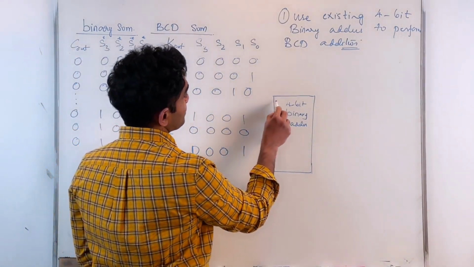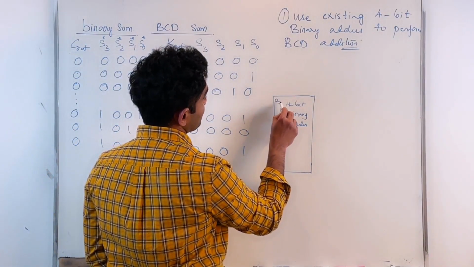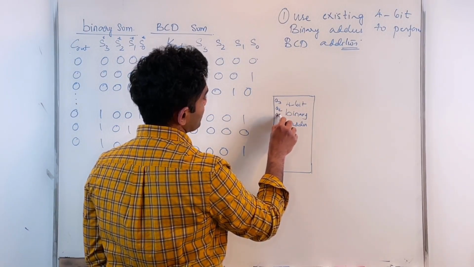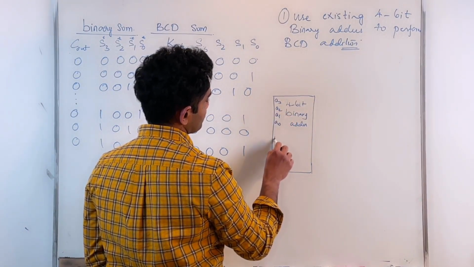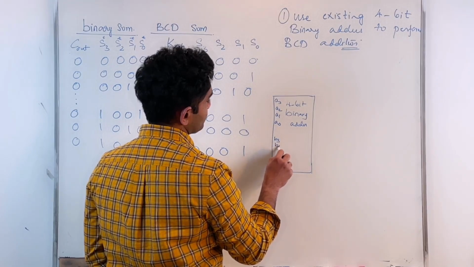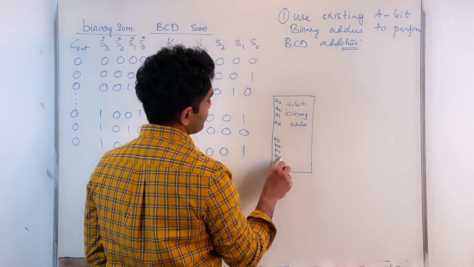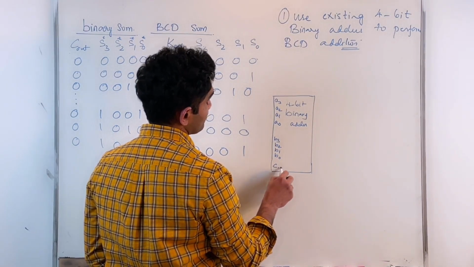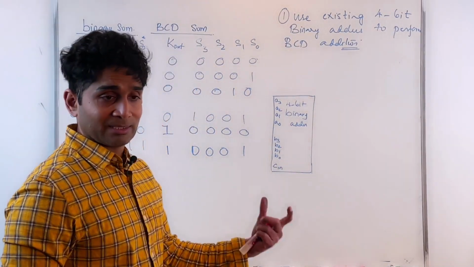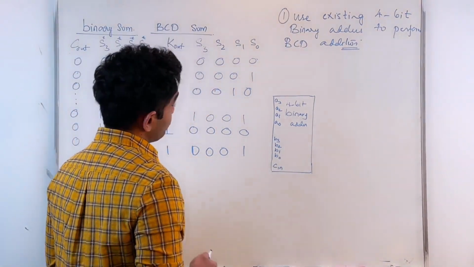That's your A3, A2, A1, A0, B3, B2, B1, B0, along with the Cin from the previous digit addition, because ultimately you want to design the full adder, right?